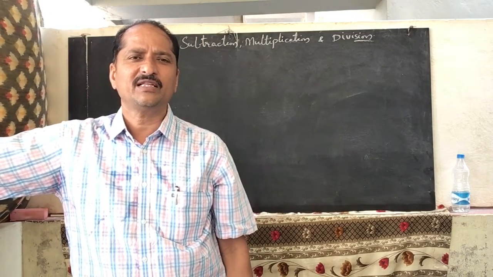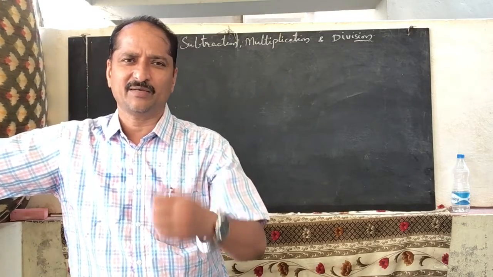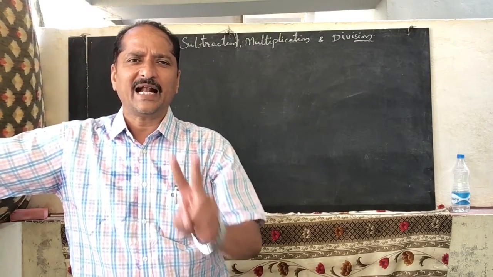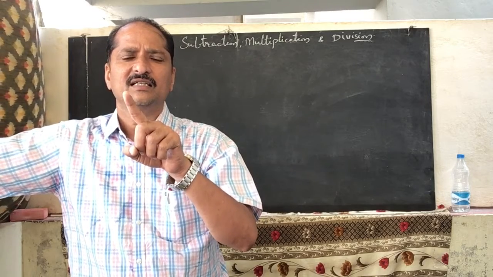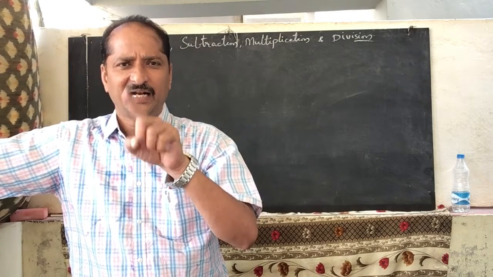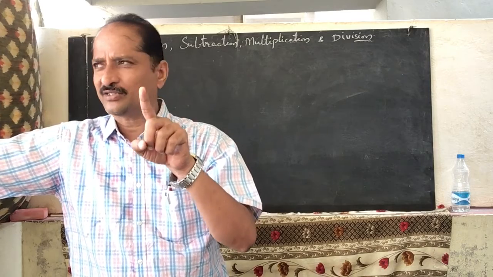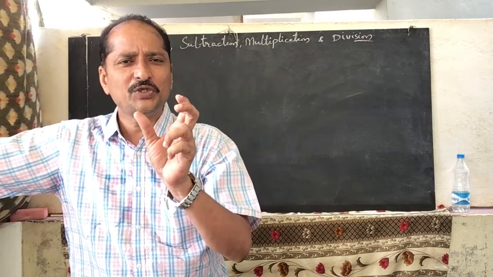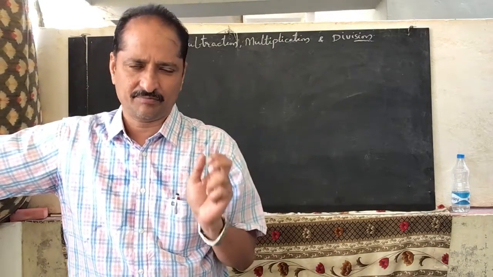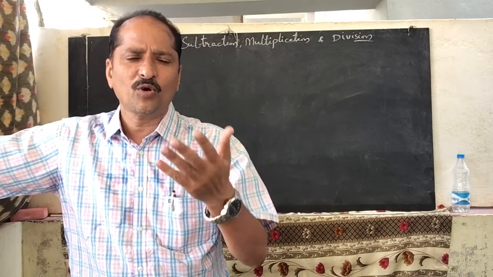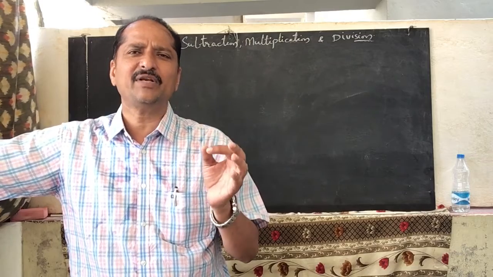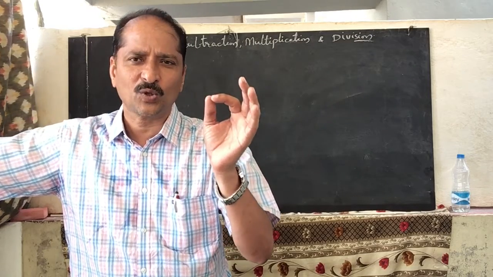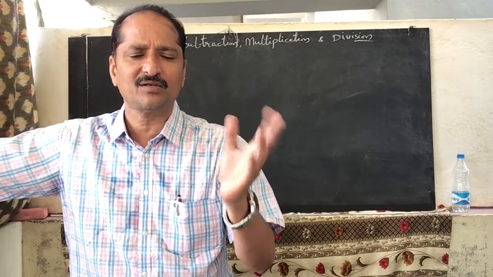For example, in the first class, if you are adding two numbers, the first number is the addend and the second number is also said to be an addend. If you are adding these two numbers, you will get a sum. Two or more numbers, by adding you will get a sum. We can call this the sum or total.